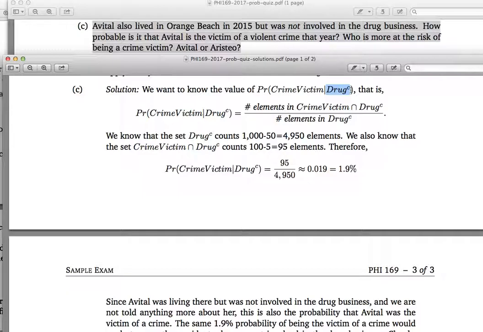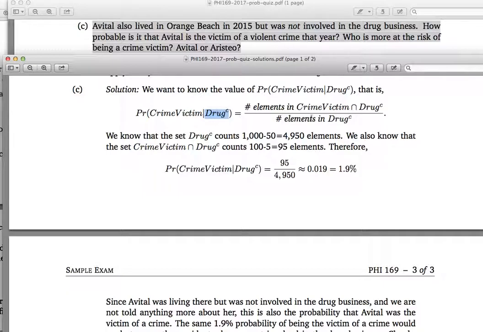Okay, so this is a conditional probability, so everything is just like before. The only new thing here, and you shouldn't be confused, is that the condition is the complement of a set. So it's not just a set, but the complement of a set. But there is nothing different here.